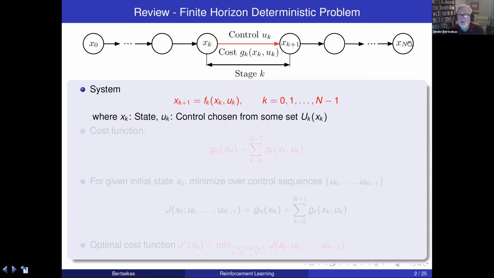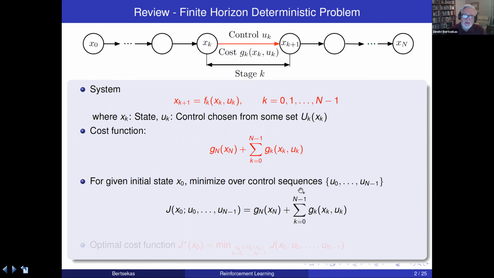We accumulate those costs from the initial state to the final state xn after n stages, and we obtain an accumulated cost, which includes also a terminal cost for the final state. Now, given a control sequence, we look at this number, and it depends on the sequence and also on the initial state.